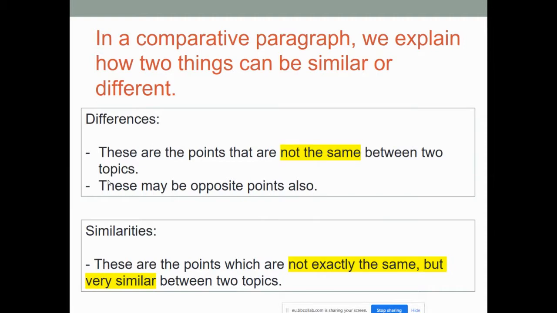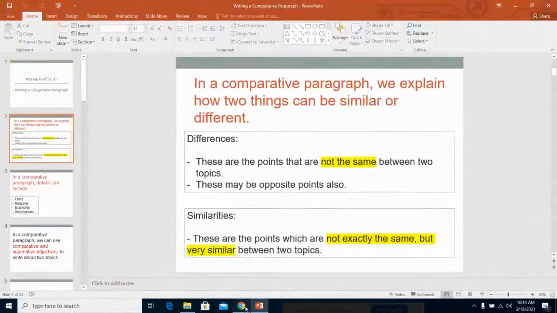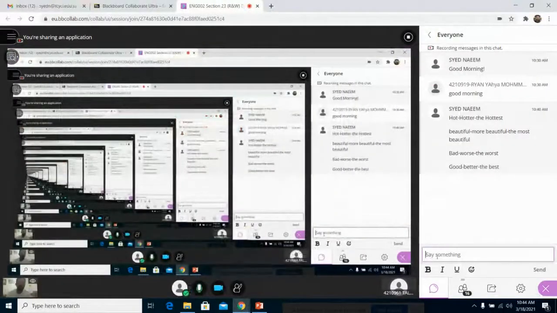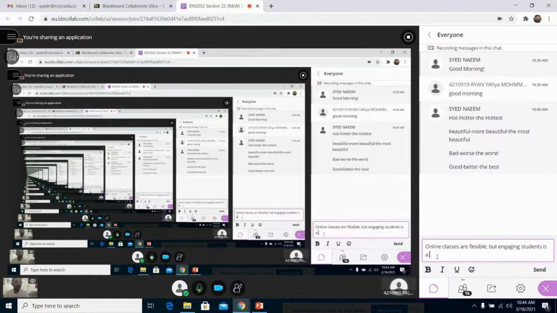For example, let me write something in the chat box for you and you tell me whether it is a difference of opinion or it's similar. I'm writing a sentence in the chat box. Online classes are flexible, but engaging students is a challenge for teachers during the online classes.